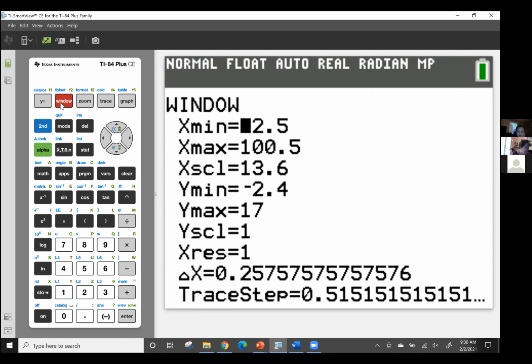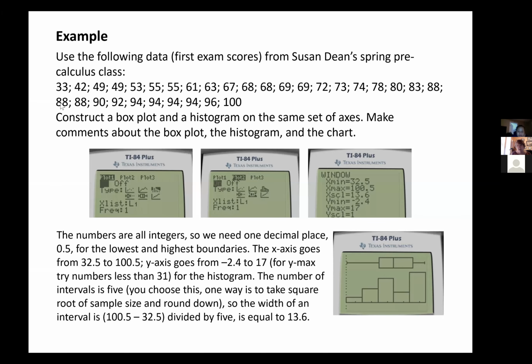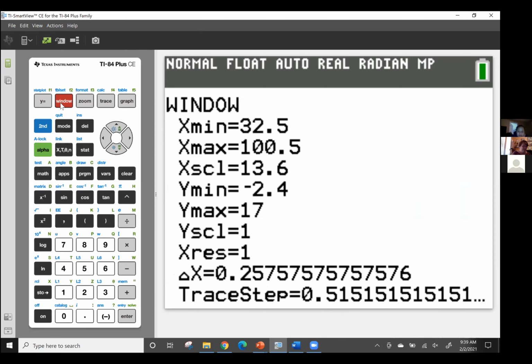So if we go back to our slide, we had decided we wanted 5 bars in our histogram. So what we do is we take the 100.5, we subtract 32.5, and we divide that by 5, and that'll give us the width of these bars. And you can just type that in.